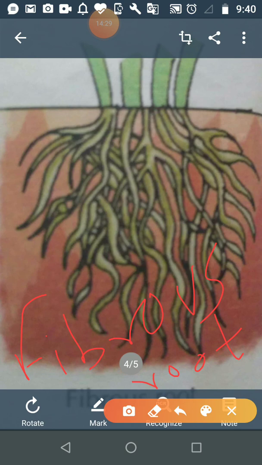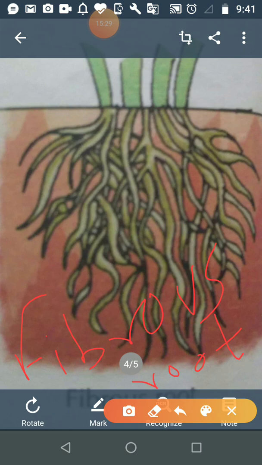And when I explained tap root, I explained that a tap root has a main root which is attached to the stem, and after that other roots, many small roots, grow from the main root.